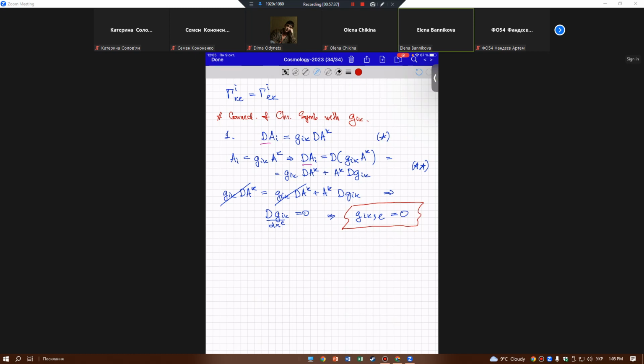And we can see a very important property of the metric tensor, that the metric tensor behaves like a constant during this covariant derivation. If we apply the operation to find the derivative of the metric tensor, it will be 0.